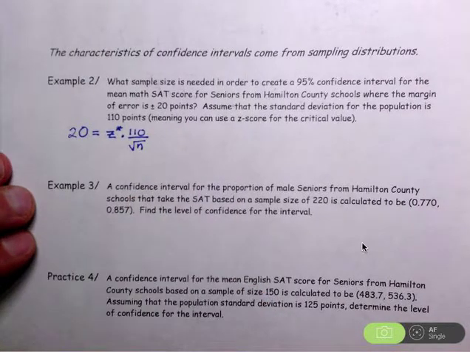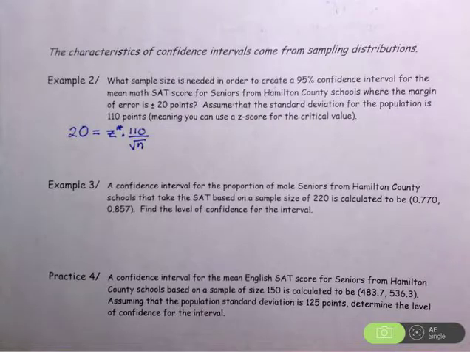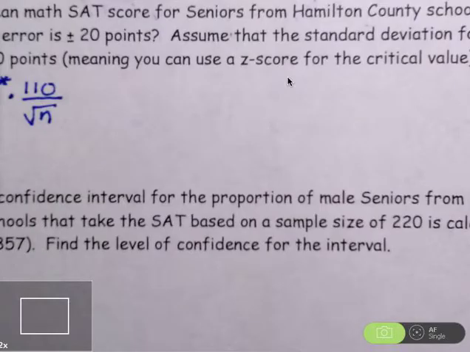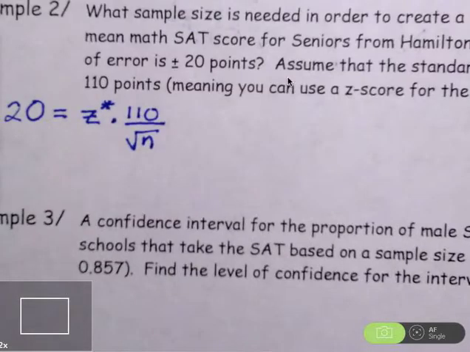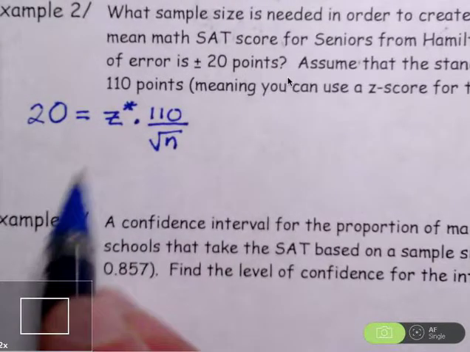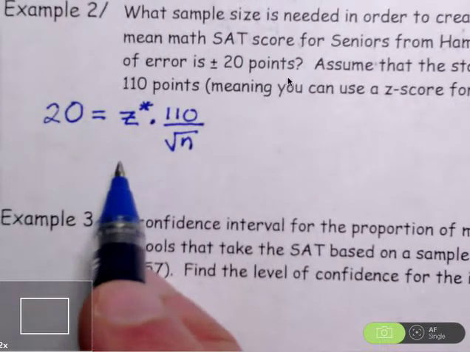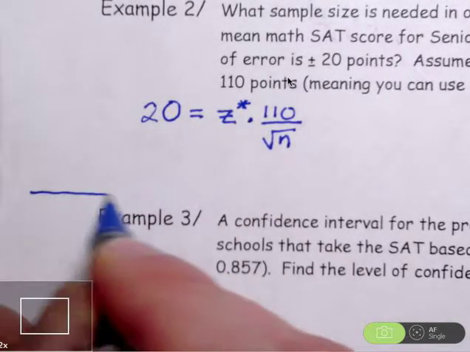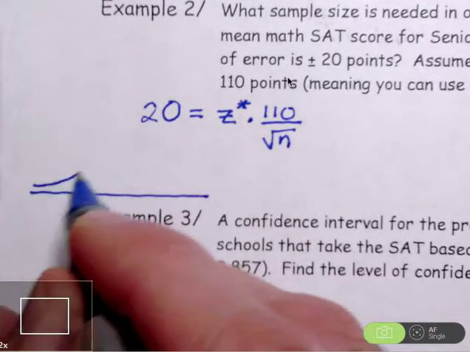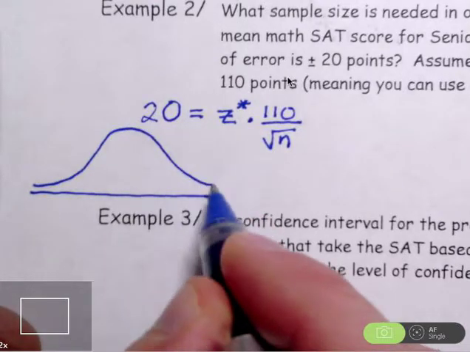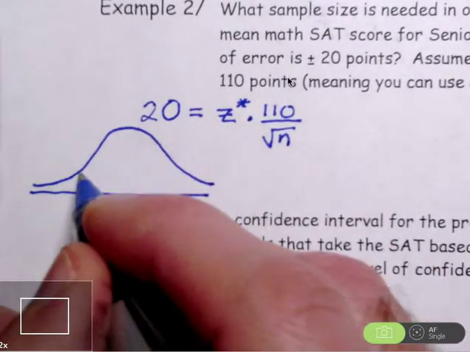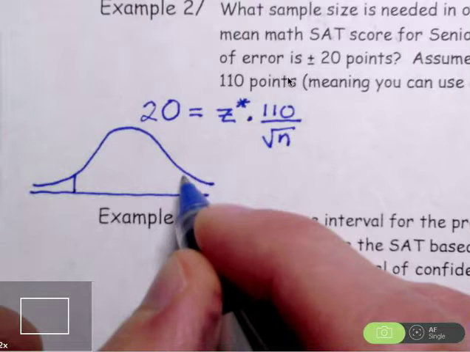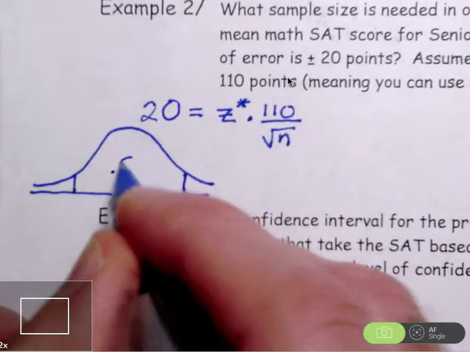So let's zoom in here a little bit. Here we go. So this is a z-score. I'm interested in a 95% confidence interval. So something to think about here. Recall, essentially, when I build this type of confidence interval, I'm interested in keeping the middle 95% of the sampling distribution.